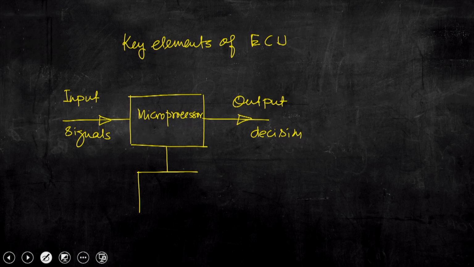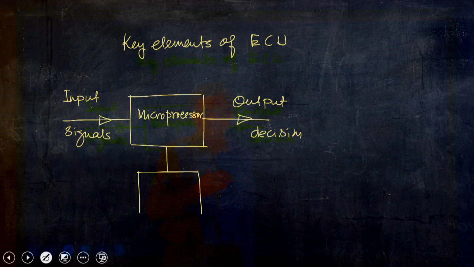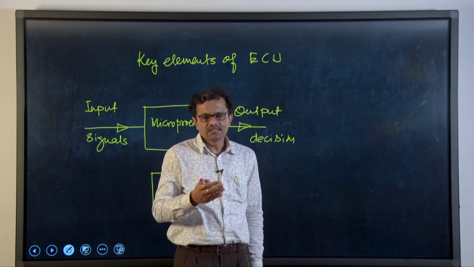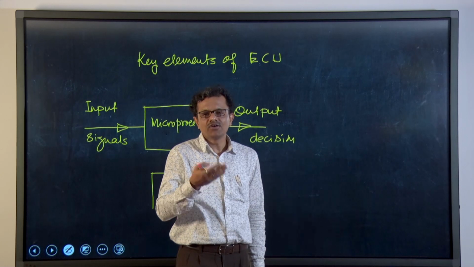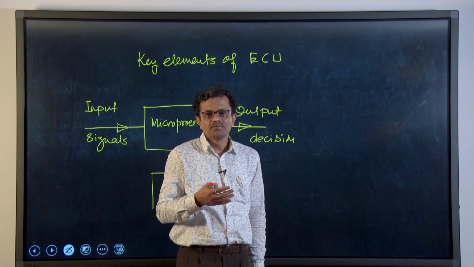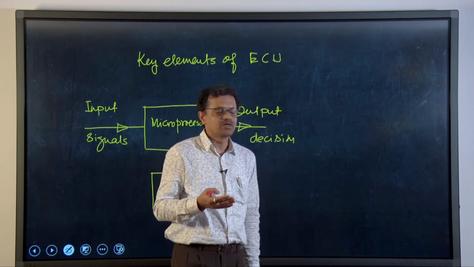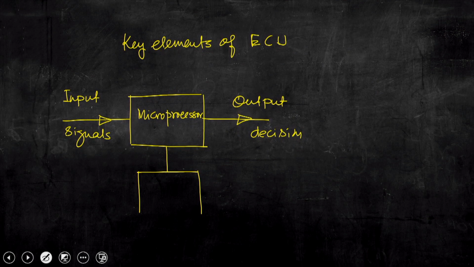This particular unit, the key unit of ECU, microprocessor, needs access to a great variety of information or data, because microprocessor cannot store information or data, and those information and data are stored in these two memory chips.